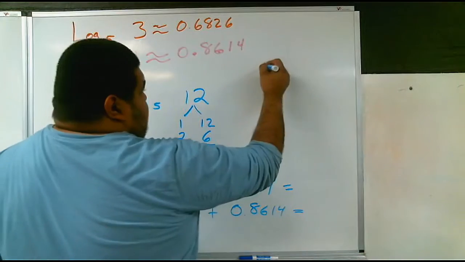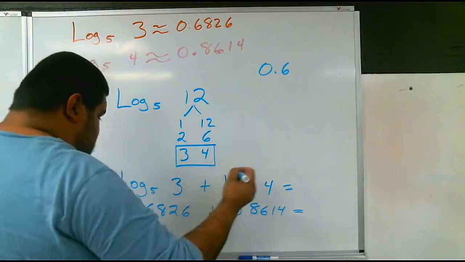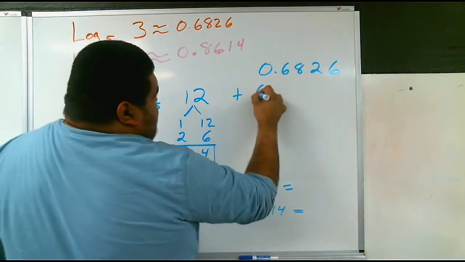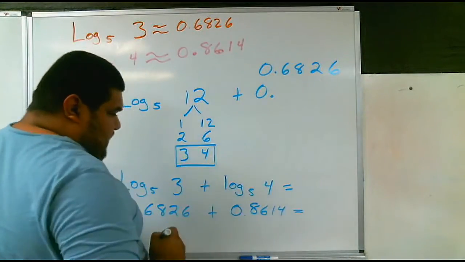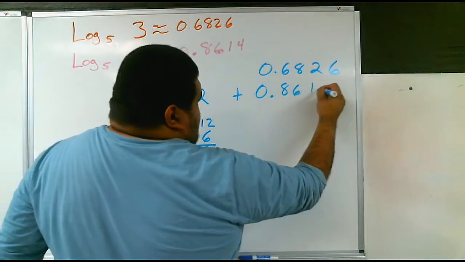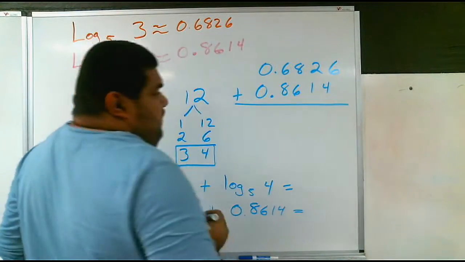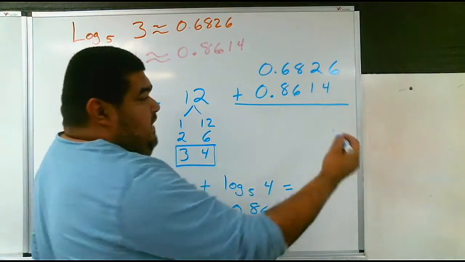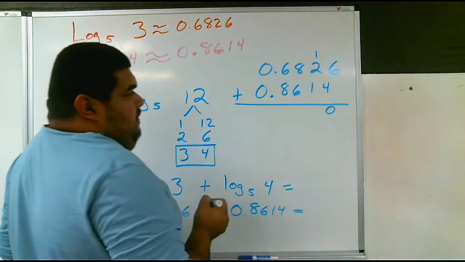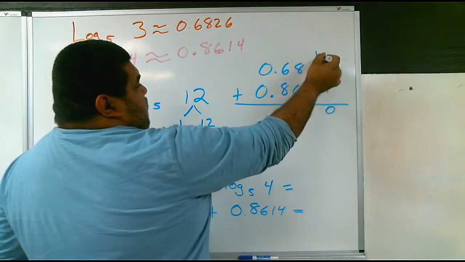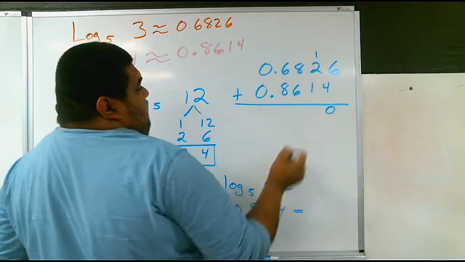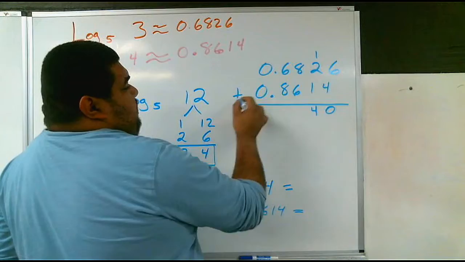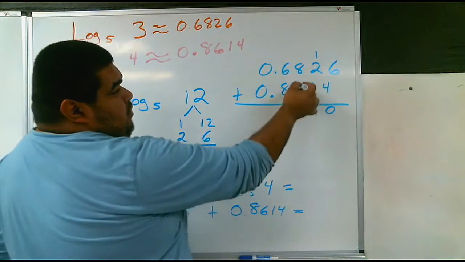So we have 0.6826 plus 0.8614. 6 plus 4 is 10, so we have a 0 and carry a 1. 1 plus 2 is 3, plus 1 is 4. 8 plus 6, we need 2 more to make 8, 10.